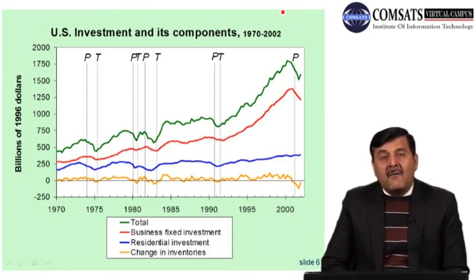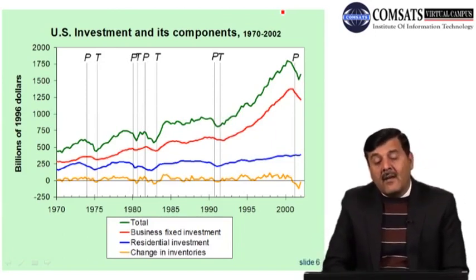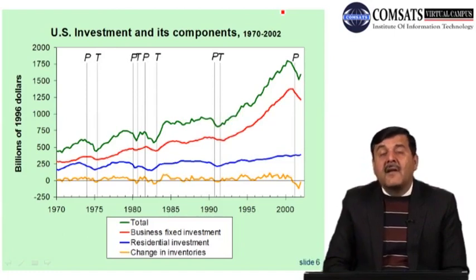When total investment is at a trough or going down, you can see that each type of investment, whether fixed investment, residential investment or inventory investment, is going down. Similarly, if we go to the year 1980, at P each type of investment is going up, and then in 1980 at T, when it is going down, each of the investments is going down, and the same continues throughout the period.